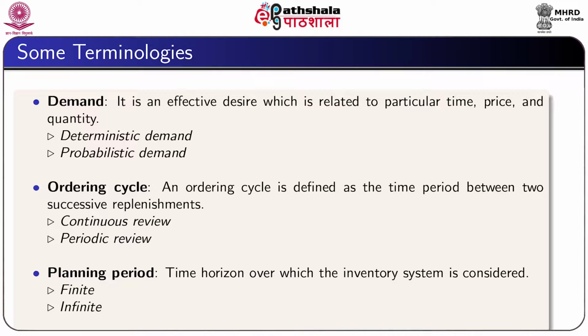In case of deterministic demand, the quantities needed in future are known with certainty. Again, deterministic demand can be of two types, static and dynamic. Static means it is fixed and dynamic means the demand varies from time to time.